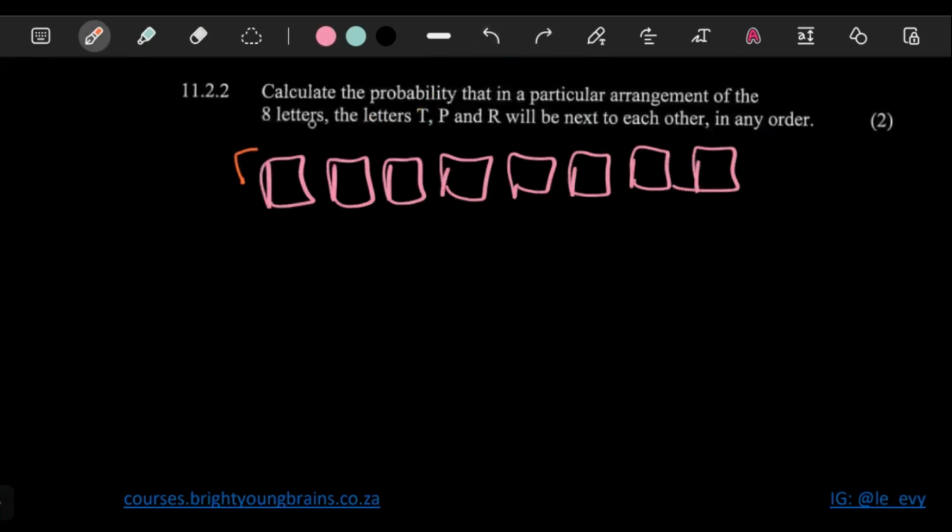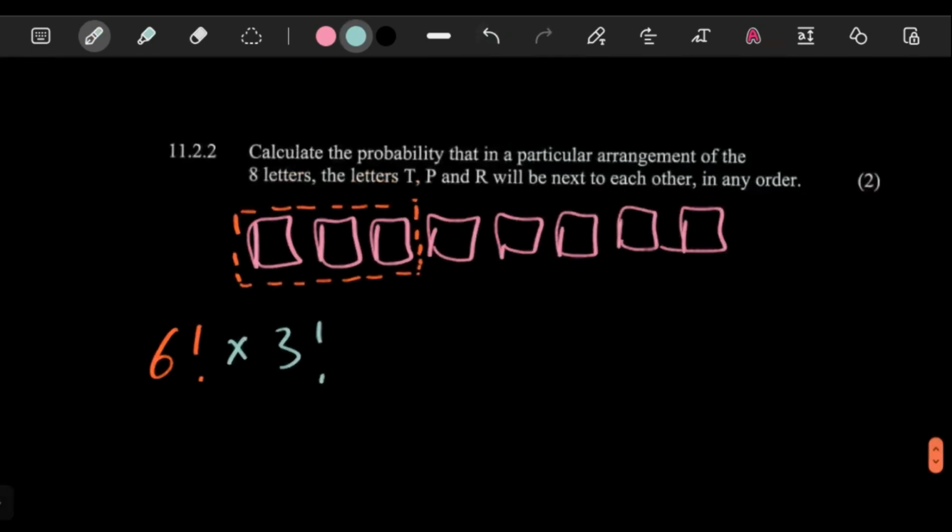You literally paste 3 of them together. So now you're dealing with 6 objects, so that they can be arranged in 6 factorial ways. But the ones that are stuck together can be arranged in 3 factorial ways. So 6 factorial times 3 factorial.